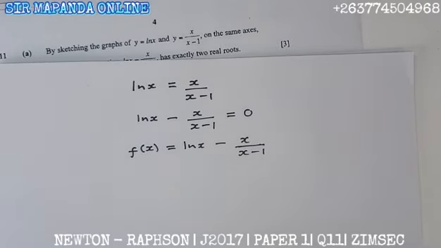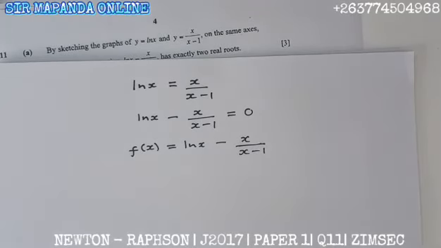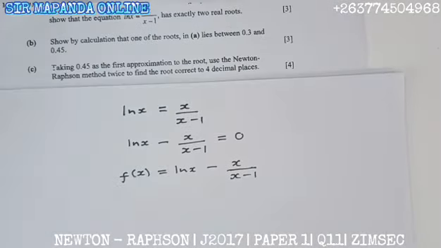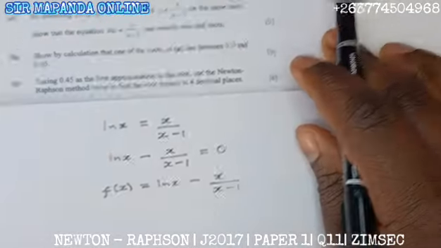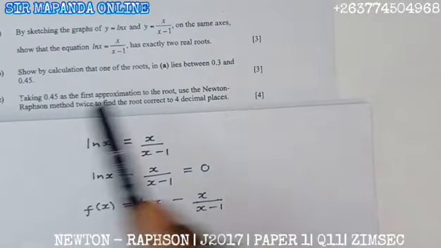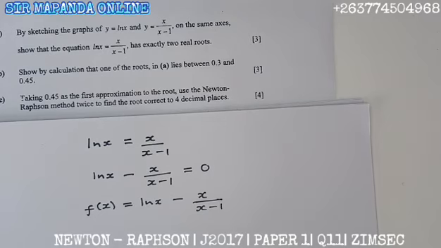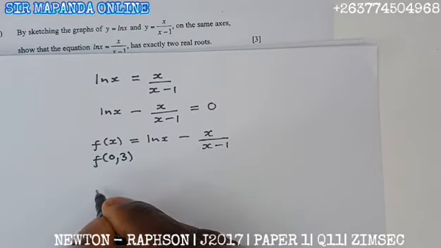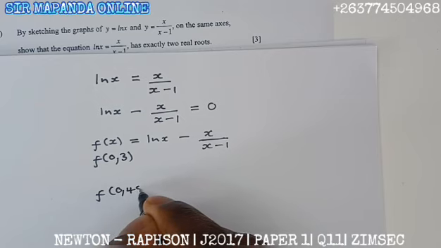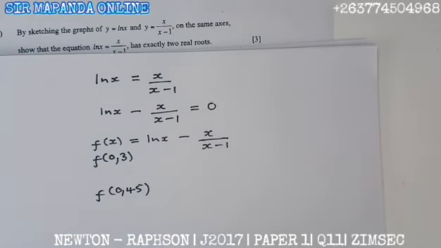Right. So after creating the function, you carry out the functional notation using the given values. So you are given 0,3 and 0,45. So you need to find f of 0,3. After that, you find f of 0,45. You must have one positive and one negative.